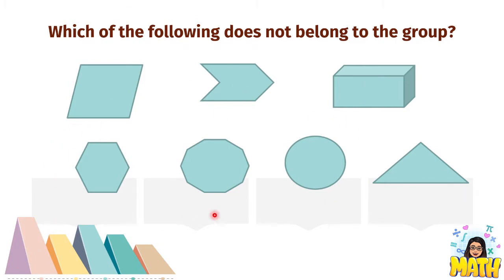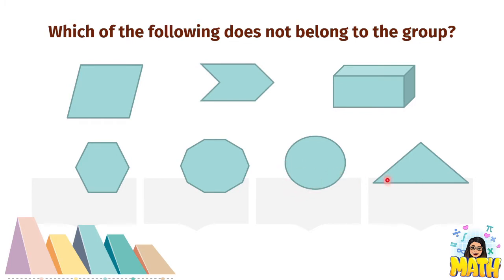Here we can see different geometric figures in which some are polygons, one is a circle, and we have a box here. Most of them are polygons in shape, but we know that a circle is not a polygon.